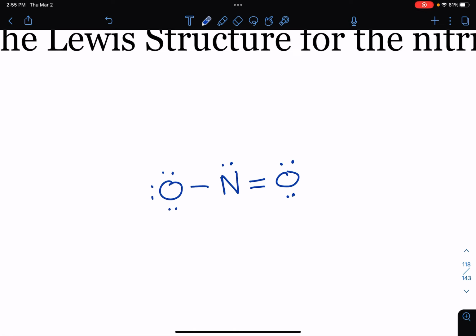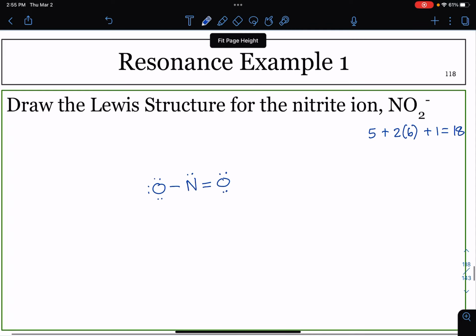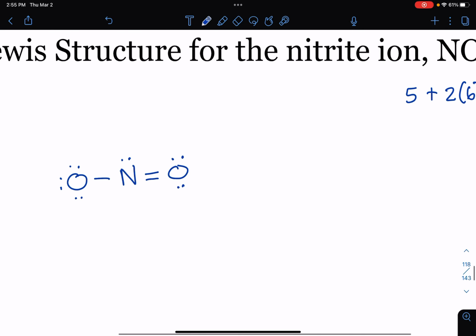So, the issue with this, and why we can't just leave it like this, is that experimental evidence tells us that the 2 oxygens bonded to nitrogen actually have the same bond. So we don't have 1 double and 1 single. We have 2 bonds that are the same. So how do we draw this with Lewis structures, knowing we can't have an expanded octet? Well, we need to actually draw this molecule a second time, showing the double bond on the other side.